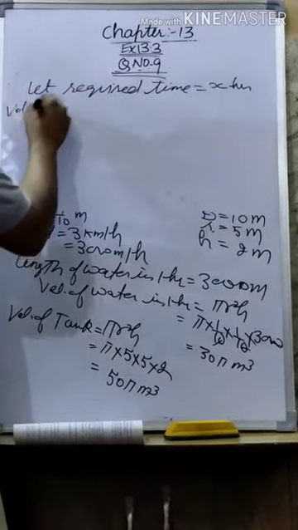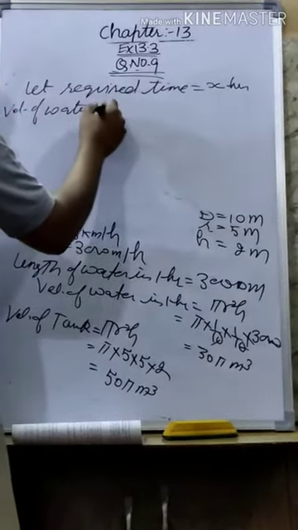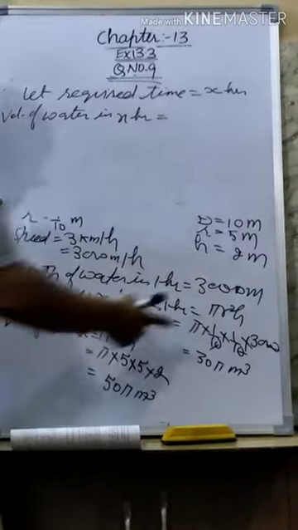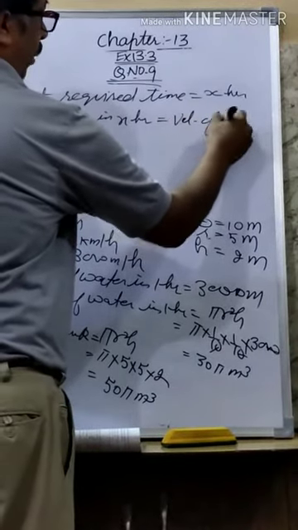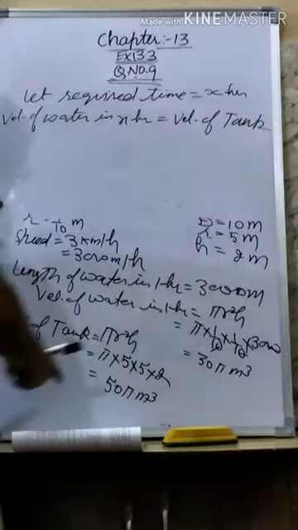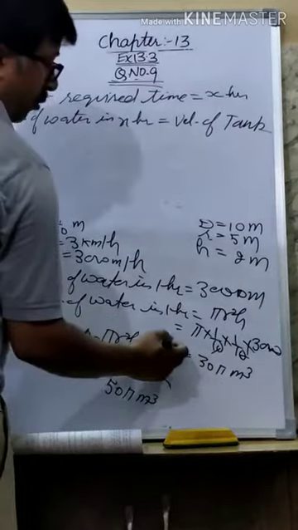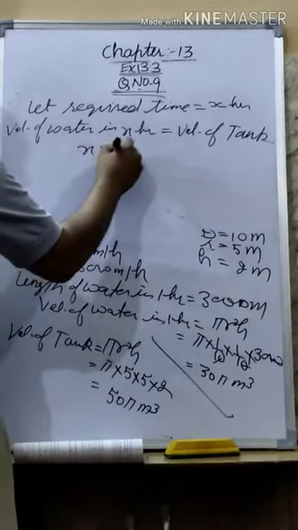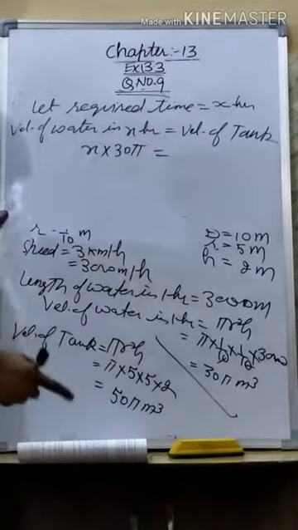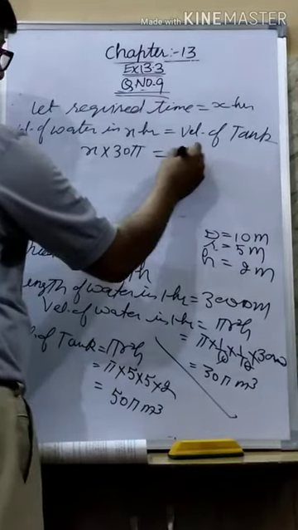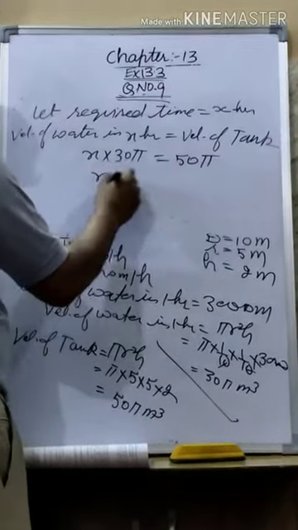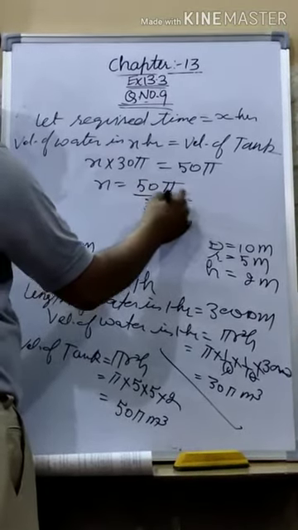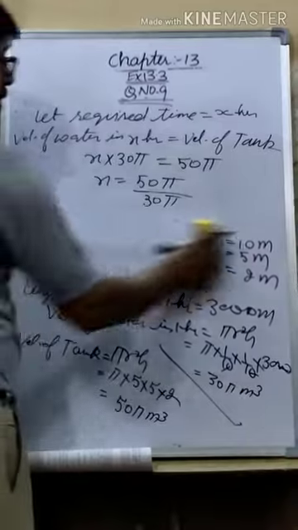So the volume of water in x hours is the volume of the tank. The volume of water in 1 hour is 30 pi, so in x hours, x into 30 pi is equal to the volume of the tank, 50 pi. So x is equal to 50 upon 30. So my students, I think it is clear.